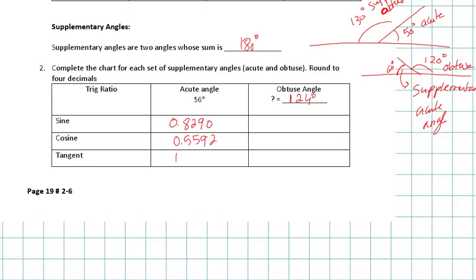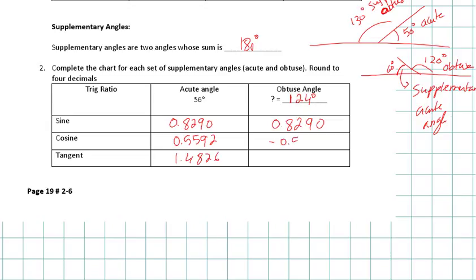Good. Now without using your calculator, you are going to give me sine of 124. 0.8290. How about cosine of 124? Negative 0.5592.